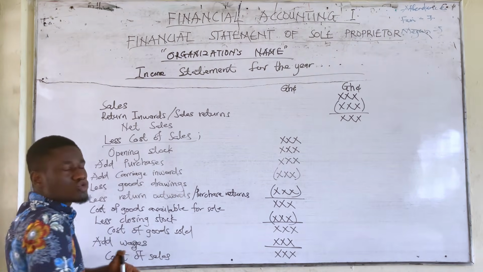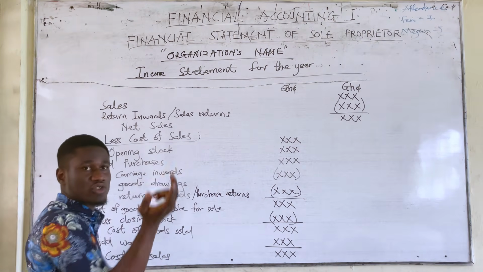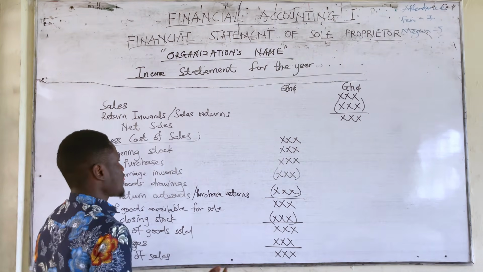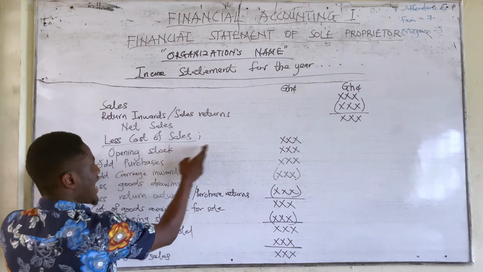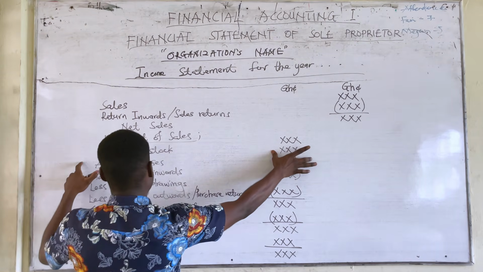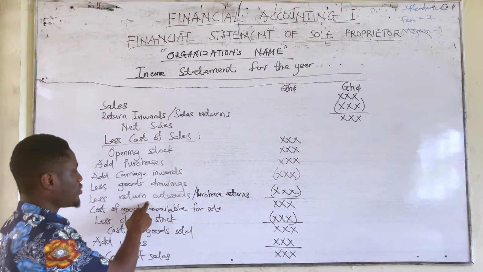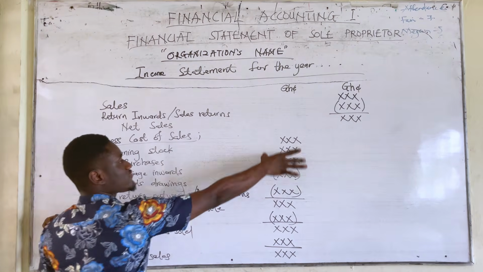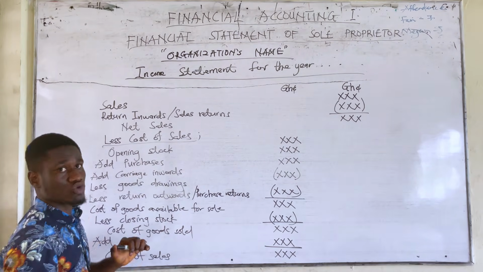If there's no goods drawings again, you jump goods drawings, you less your returns outwards. So let's say there was no carriage inwards, there was no goods drawings. When I add these two, I'm going to jump towards returns outwards or purchases return and less it from those two. You get it? Because there were no carriage inwards and goods drawings.